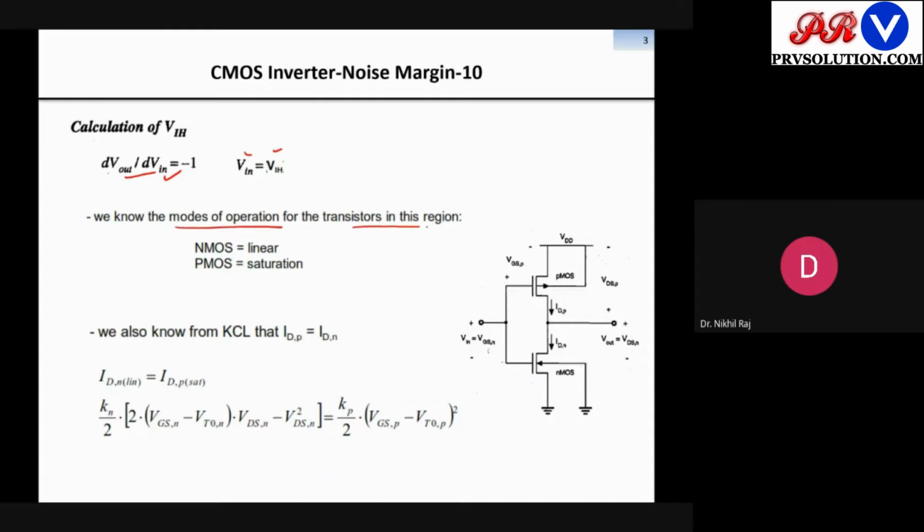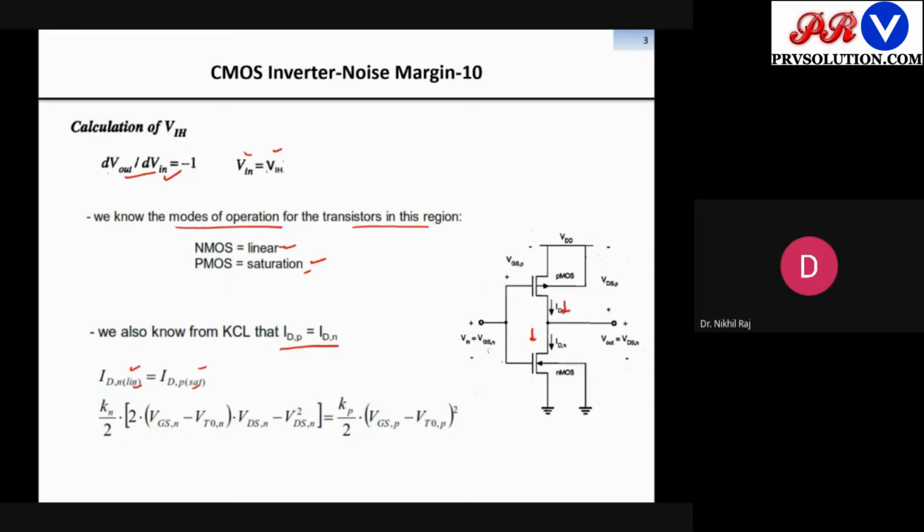From the modes of operation, we know the NMOS operates in linear and the PMOS operates in saturation. Once I know they are in the on condition and their modes of operation, I can simply apply the KCL rule: the incoming current equals the outgoing current, IDP equals IDN, with PMOS in saturation and NMOS in the linear region.